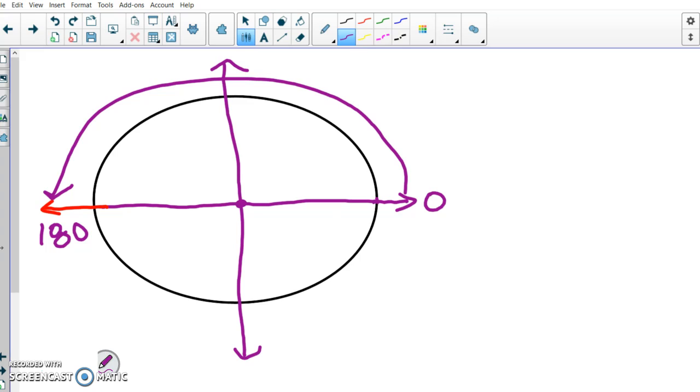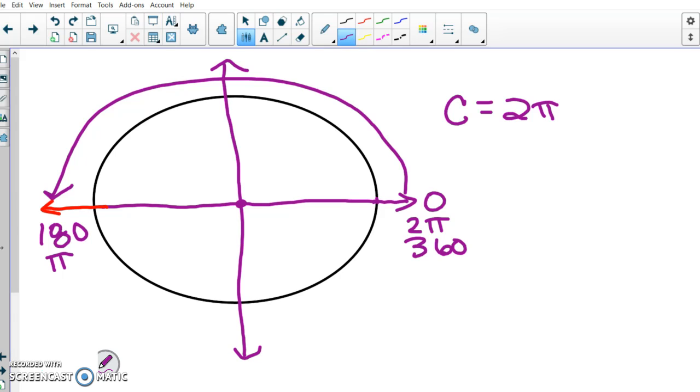We also know that that's half a circle, and the circumference of the circle is 2 pi times the radius, which, for our benefit, we're going to use as radius equals 1. So the entire revolution around the circle is equal to 2 pi. Halfway around, it would make sense that was equal to 1 pi. So in the same breath over here on the right hand side, 2 pi is equal to 360 degrees.